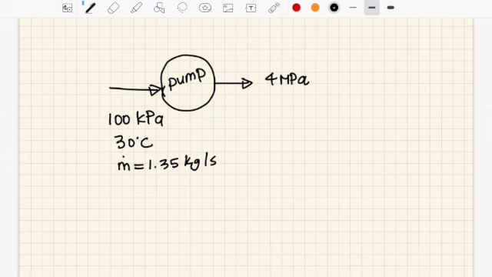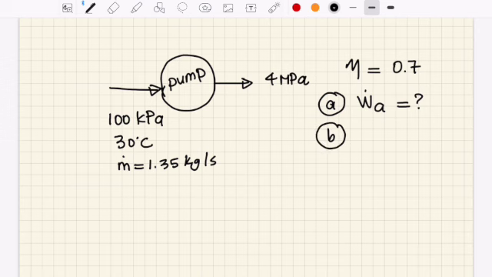If the pump has an isentropic efficiency of 70%, determine A, the actual power input, B, the rate of exergy destruction, and let me see, the second law efficiency.